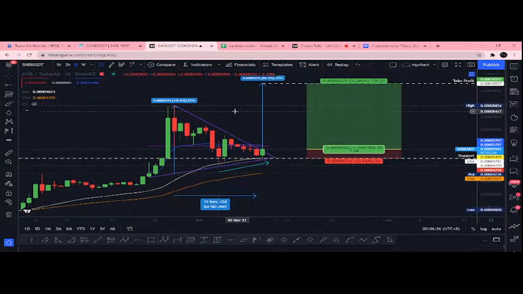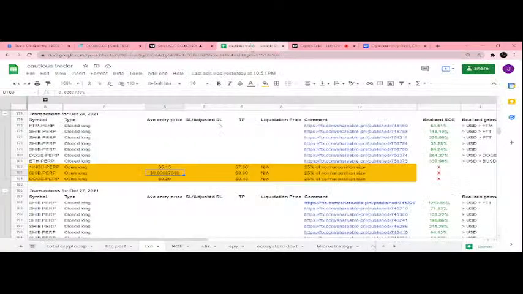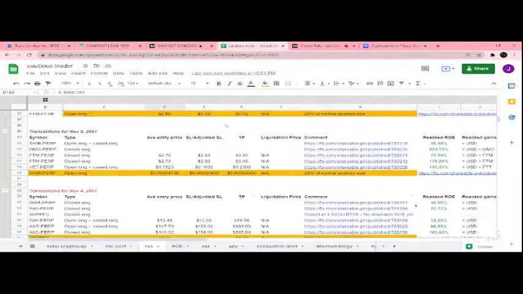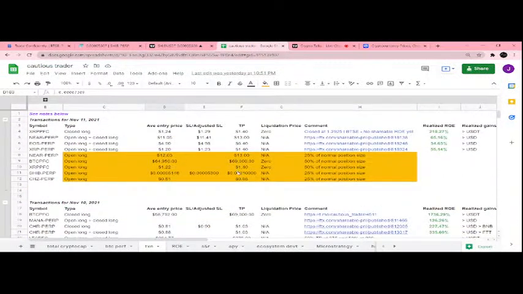And my TP there is, I think, 10,000. But I already have a stop loss at 5,300. Normally, I'm adjusting it.